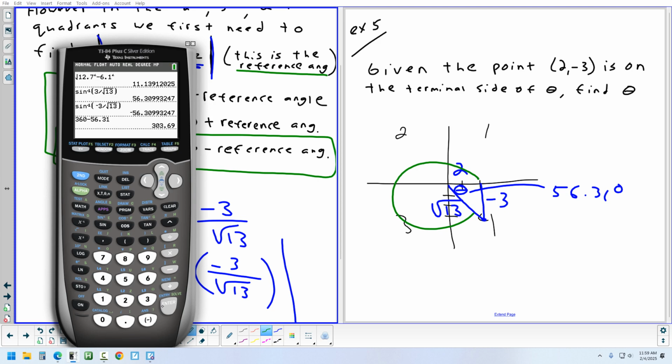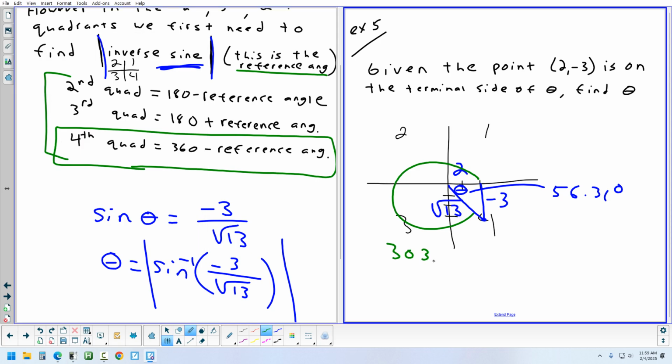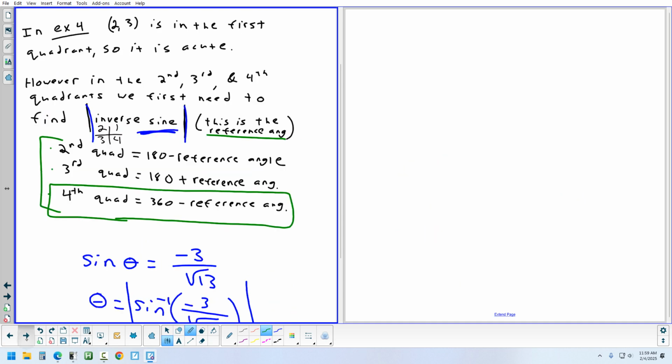That angle in green is 303.69. That's what they wanted to know. All right, so any question on how to find the reference angle and then apply it to one of the other 3 quadrants? Okay.